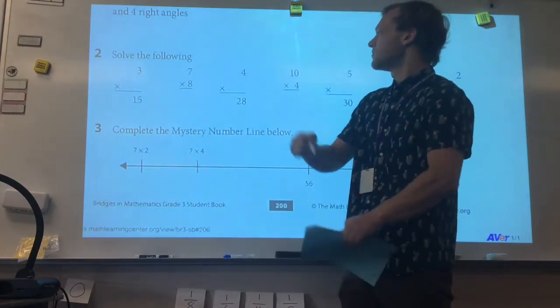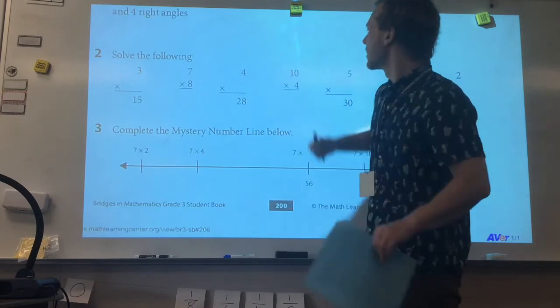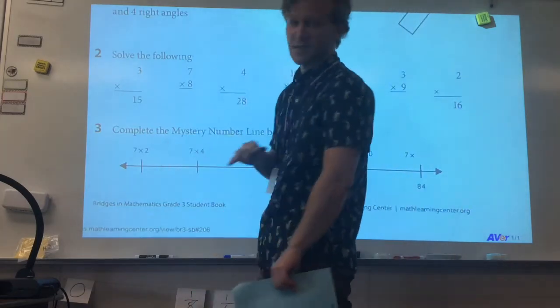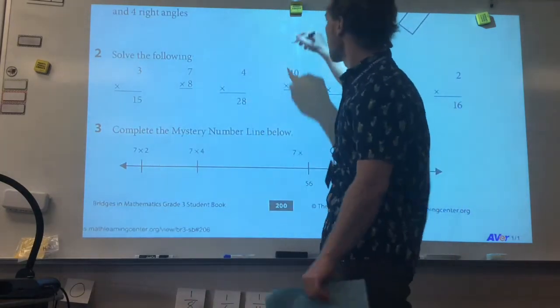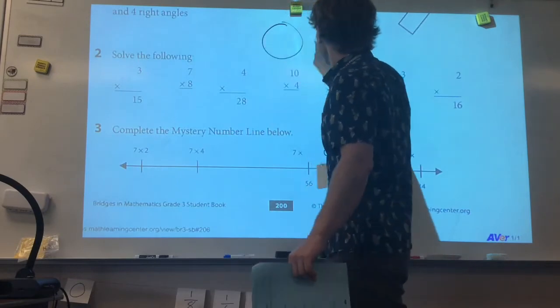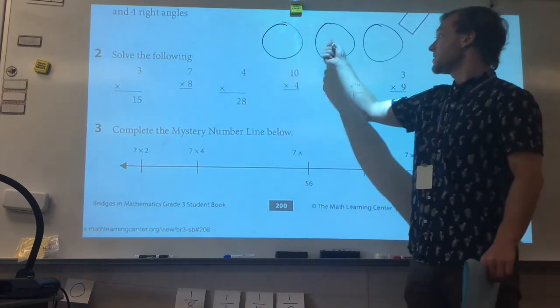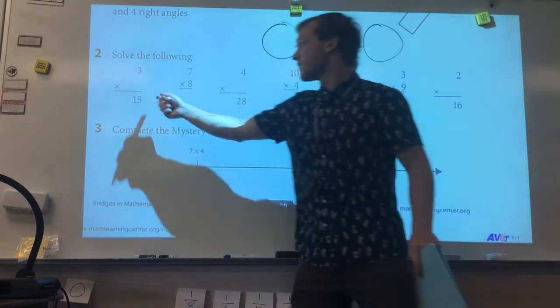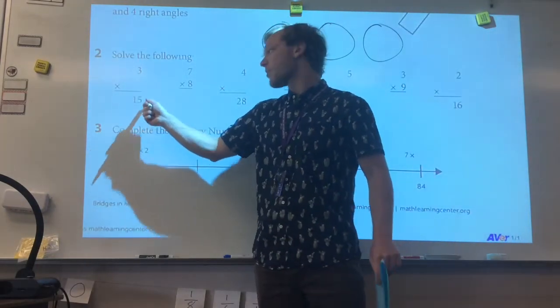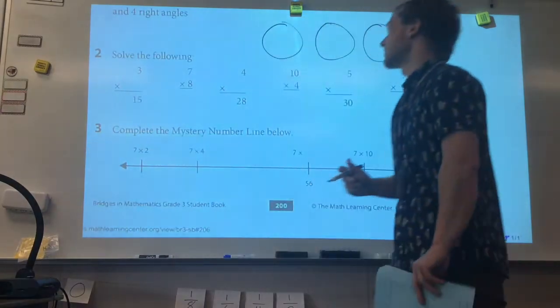So what we can do is we can make our loops and groups. That's one of my favorite strategies. So let's start. We need 3 loops. Now our job is to figure out how many are in each loop to make 15 total, okay? A product of 15.